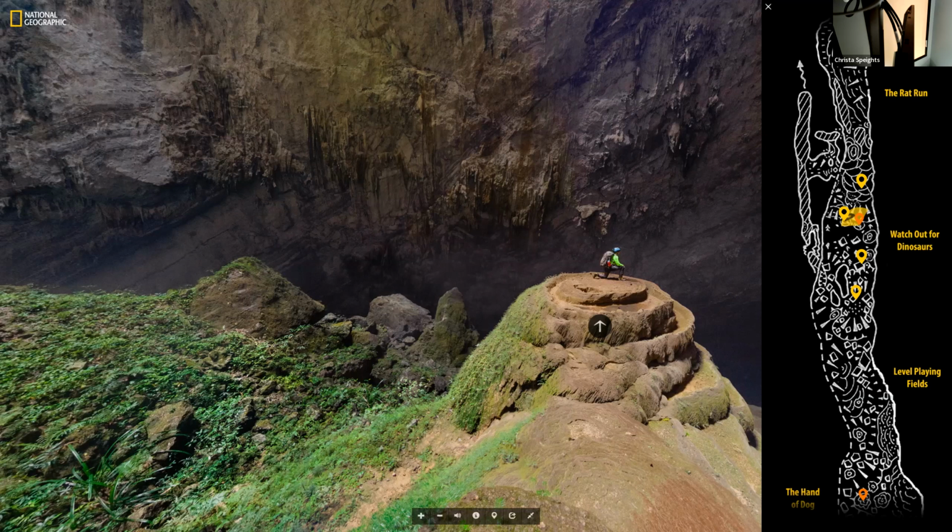They've used some of the chemical impurities or isotopes inside of the stalagmite to date the cave, and the estimate is this cave is about 2 to 5 million years old.